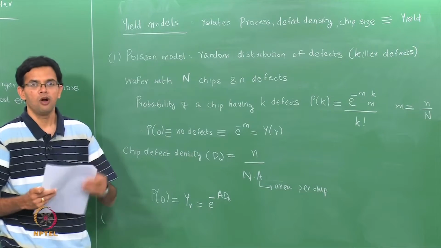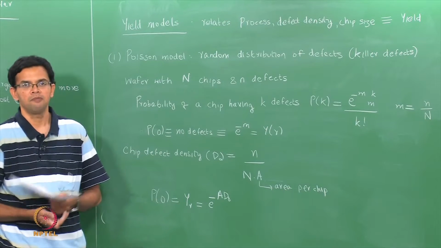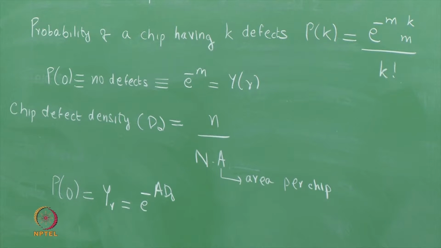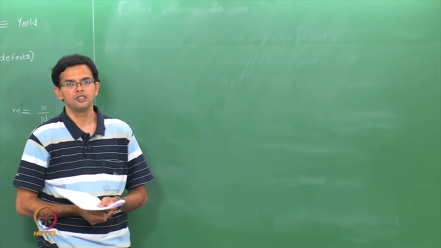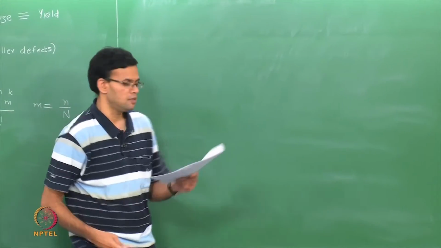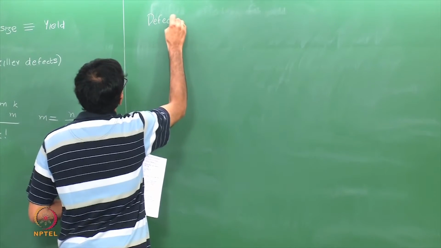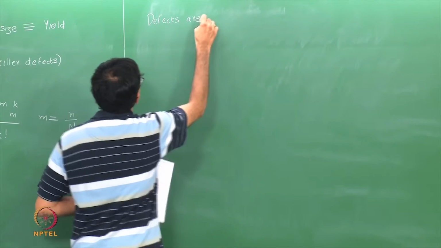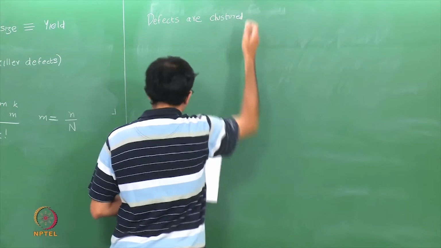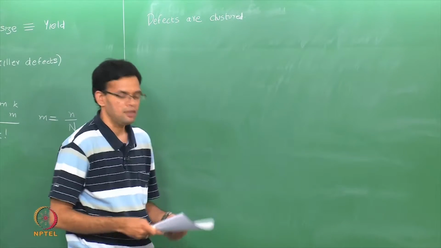So, the Poisson model assumes a random distribution of defects, but that is something that is not always true. In most cases defects are clustered, which means there are different models to account for this clustering.